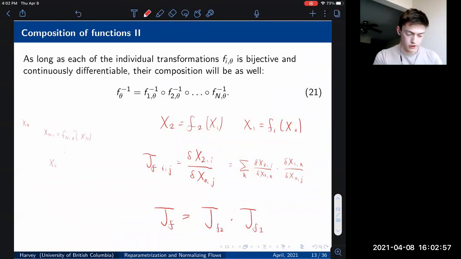I think if you stare at this for a while, it becomes clear that doing this matrix multiplication between these Jacobians is equivalent to doing this sum over k to find each element ij of JF.